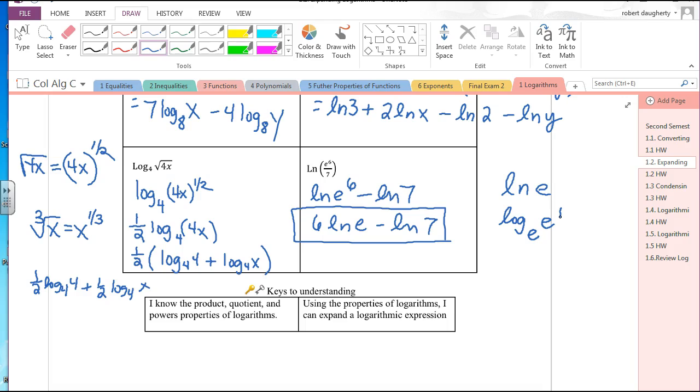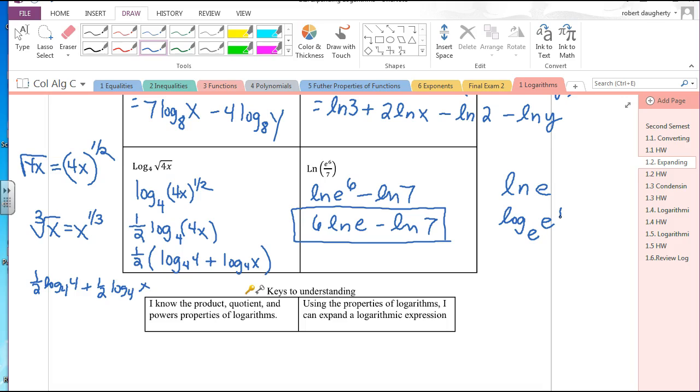You square a number and then you take the square root. What do you end up with? The number you started with. So if you start with the number 1 and you take e to the 1, that does something to the number 1. But the log base e is an inverse function. What does that do to what you just did? It undoes it.